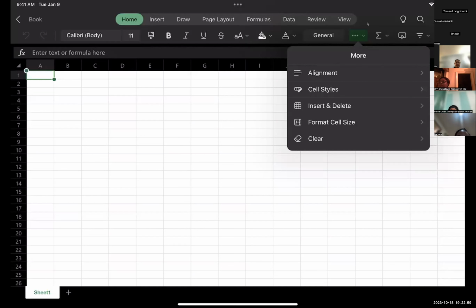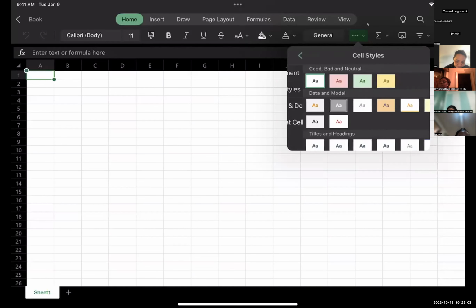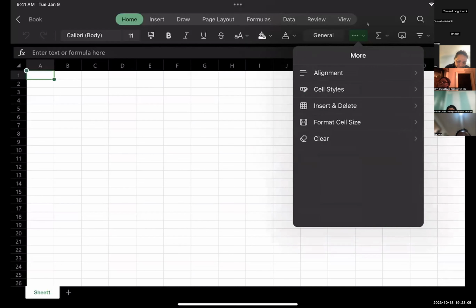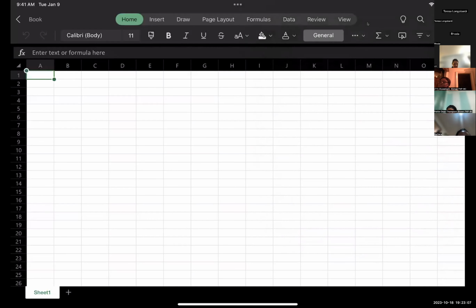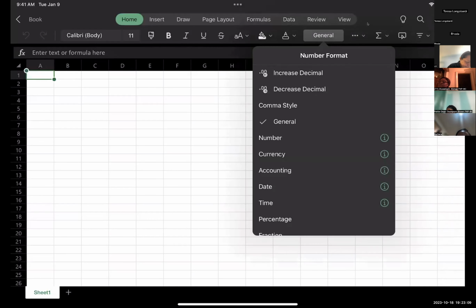Then you can hit cell styles. No, that's not going to work. Hit general, and then you can change the value to accounting currency. You can make it currency.